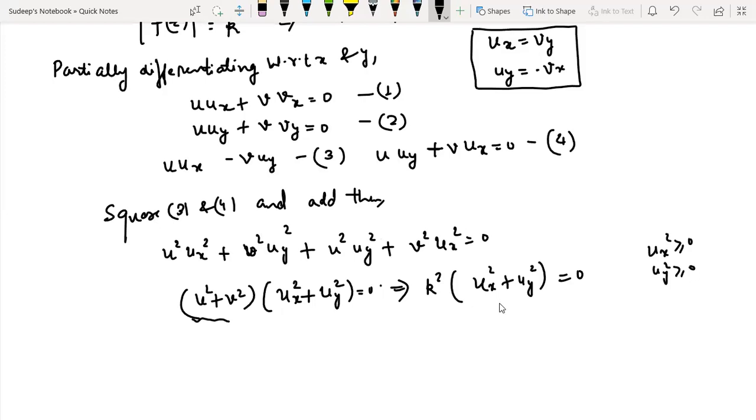Any squared quantity is always greater than or equal to 0. So the solution from here would be ux equal to 0 and uy equal to 0. And if ux and uy are 0, it implies that u is a constant.